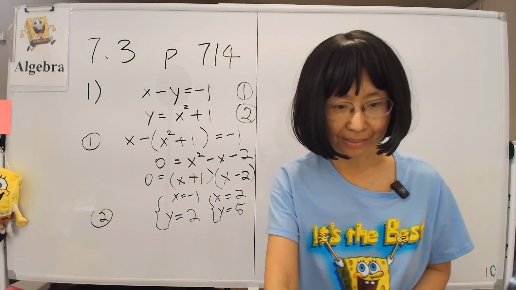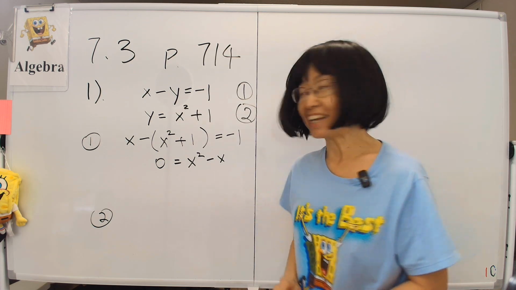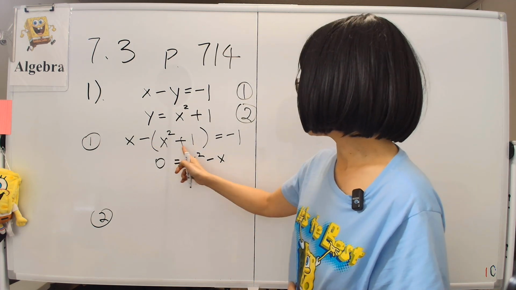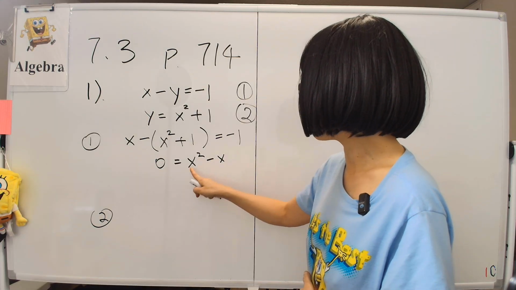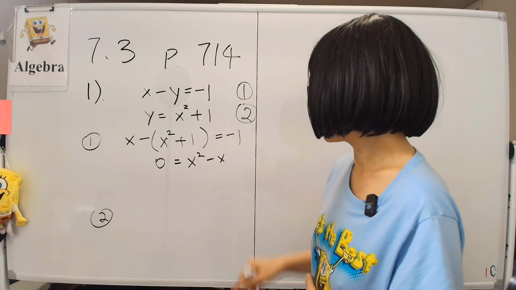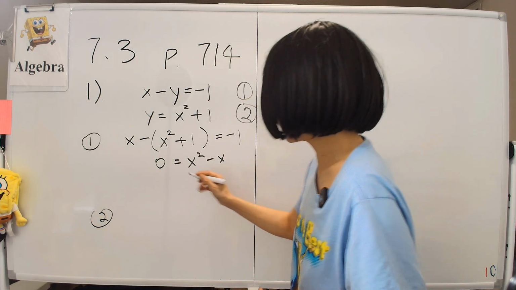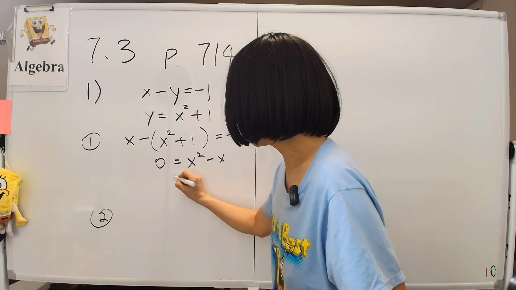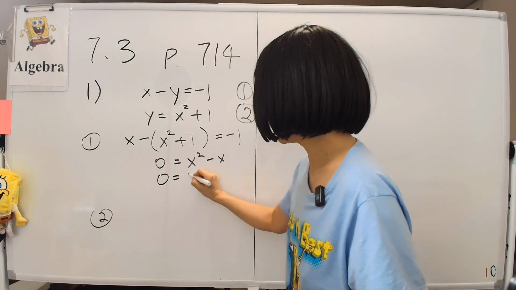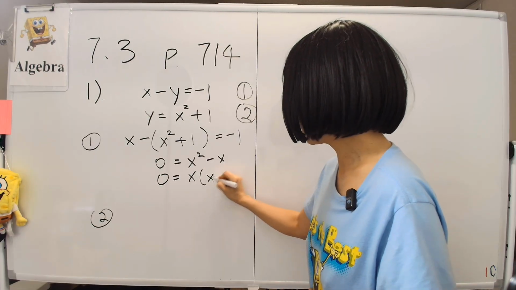Let me erase this stuff. All right, try again. -1 moved over here becomes +1, so this is 0. So all we have is x squared and minus x left. That's even easier. We have this equal to 0. It's just x times x minus 1.